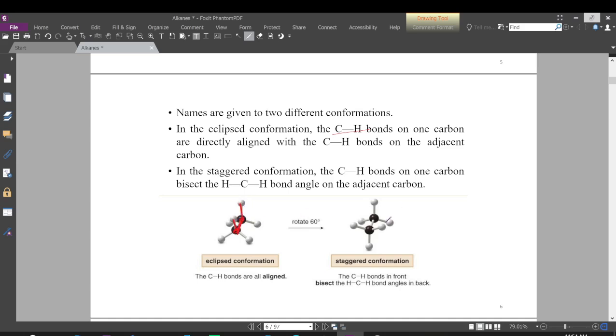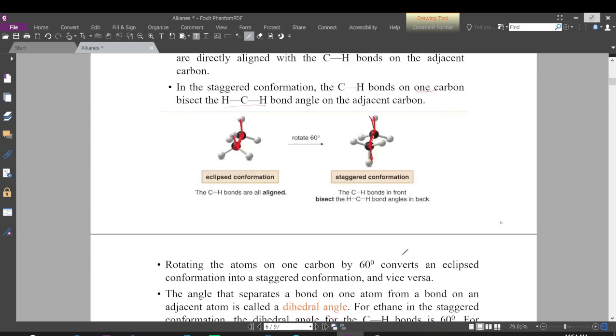But in the staggered conformation, the carbon-hydrogen bonds on one carbon bisect the hydrogen bond angle on the adjacent carbon. So there is an angle between these, and this angle is equal to 60 degrees.